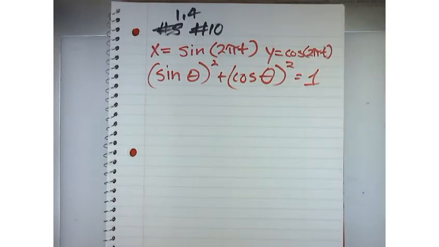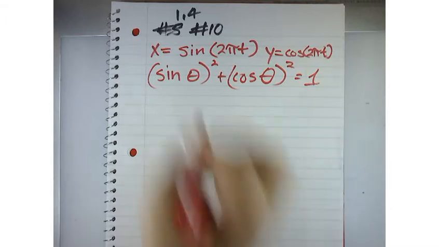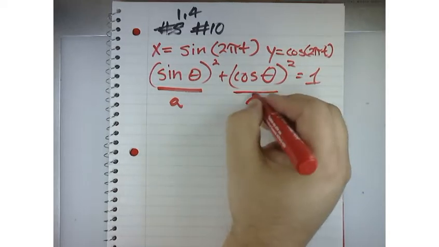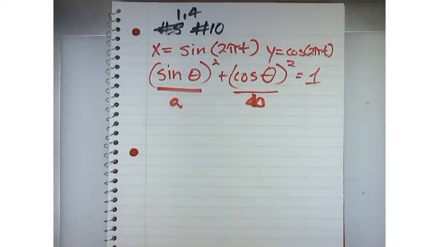Sometimes, if it is an ellipse, we might even have something over A and then something over B, right? That's usually the case when you have sine and cosine.